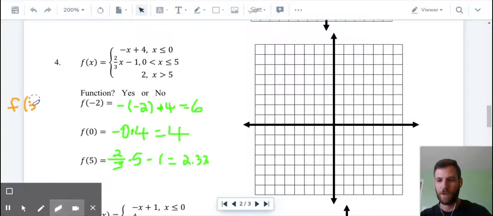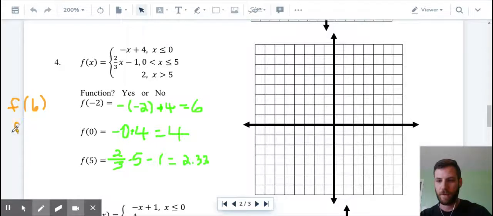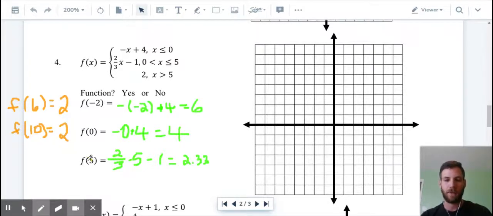We want to use instead f of 6 and then f of 10. So both of those x values fit into our third inequality. They are both greater than 5. But the y value here, which is f of x equal to 2 down here, would just be 2. So no matter what this x value is, as long as it is bigger than 5, it is always going to be equal to 2. And that's something to file away as something you might see in problems in the future.